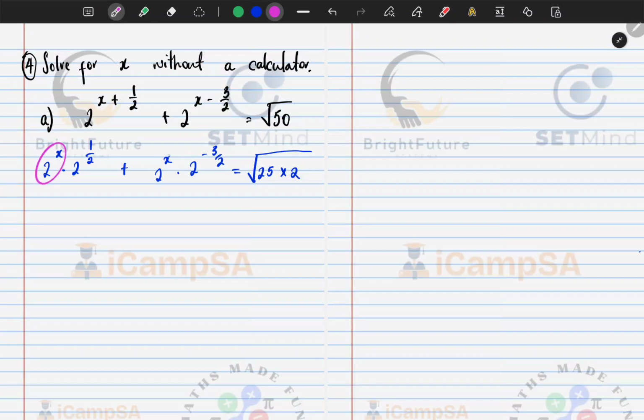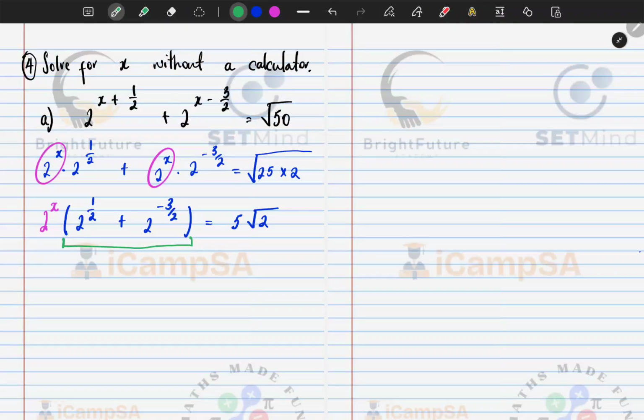So now you are going to have 2 to the power of x into 2 to the power of 1 over 2 plus 2 to the power of minus 3 over 2, equals root of 25, which is going to be 5, and then root of 2 is going to be root of 2. So you are going to have 5 root 2.